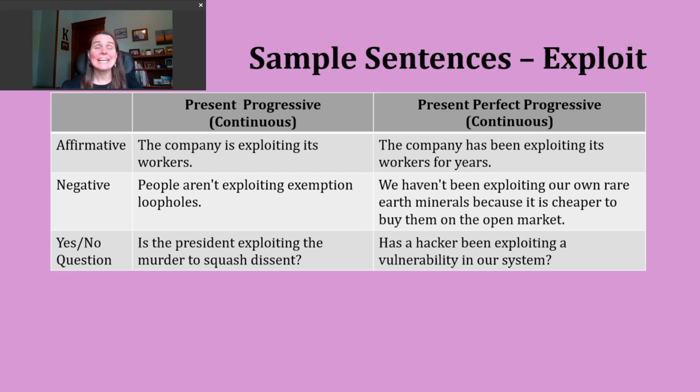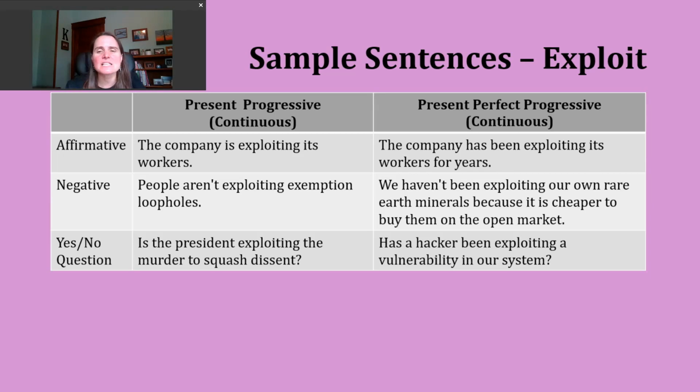Let's talk about making a sentence negative in the present perfect progressive. Again, we've got to pay attention to our subject. We're going to either use have not been and then the ing form of the verb, or has not been and the ing form of the verb. Again, we just have to watch what our subject is.